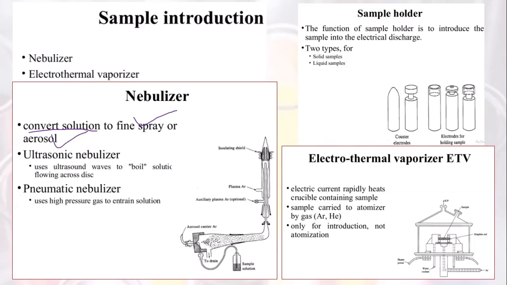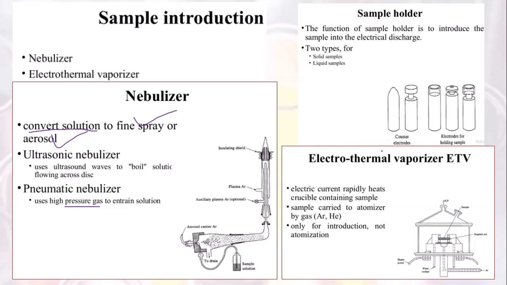So we pass our sample solution, it mixes with gas so that it is made into an aerosol, and now you can inject it into the required technique. We have the ultrasonic nebulizer that uses ultrasound waves to boil the solution, and we have the pneumatic nebulizer which uses high pressure to entrain the solution into gaseous form.